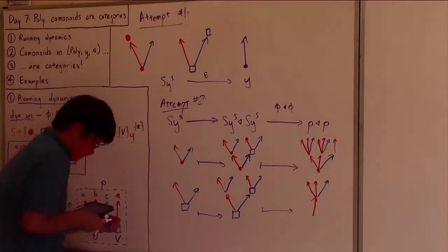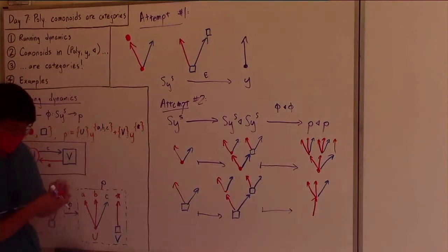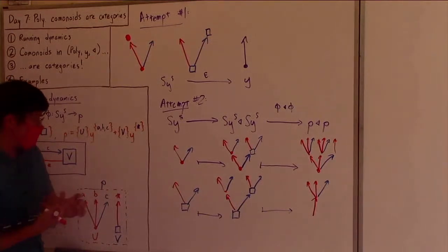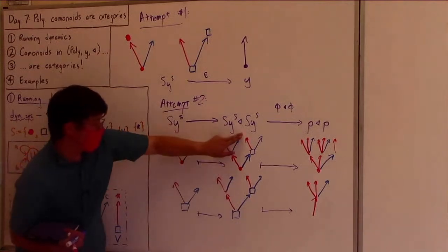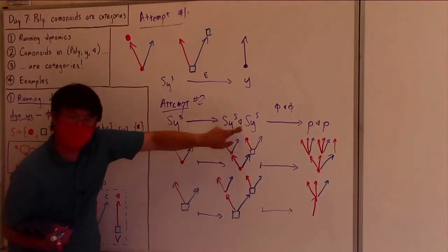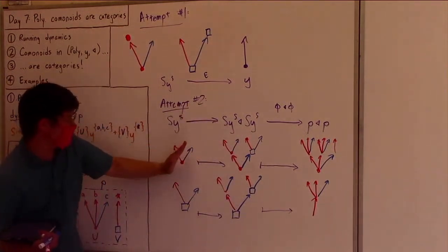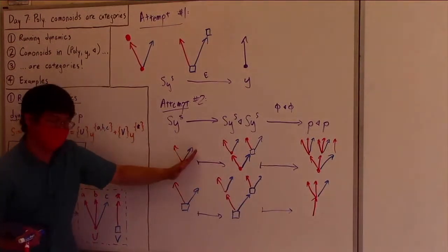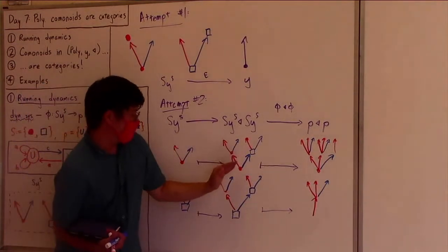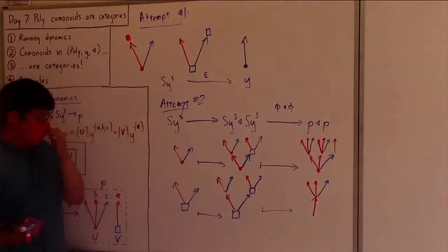One reasonable thing to say is that if we travel from a red to a blue here, a red and then a blue, well, we end up at the blue state. And so really this should end up with the blue arrow, right? If we do a red and then a blue, that should take us back to the blue arrow. If we do a blue and then a blue, that should also take us back to the blue arrow, and so forth.